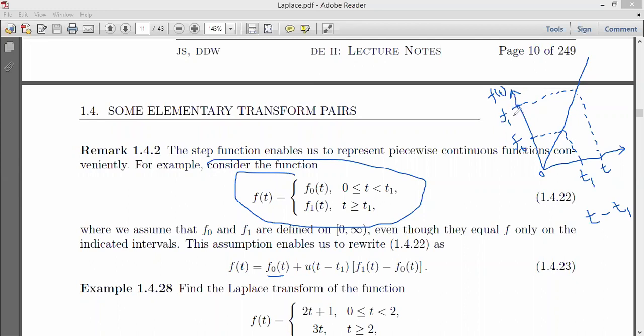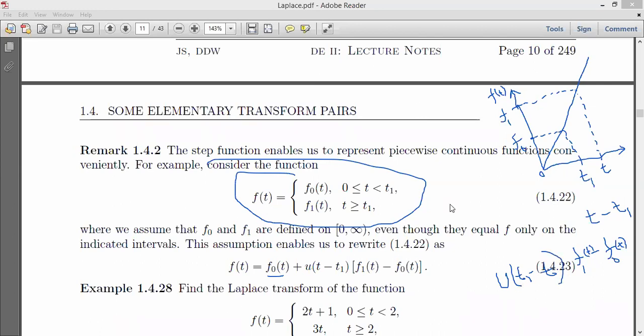So here it is f1 minus f naught. Of course, these are functions of t, and this is also a function of t. I hope we are together. But now the step function here is u of t minus t1, which is that one there.